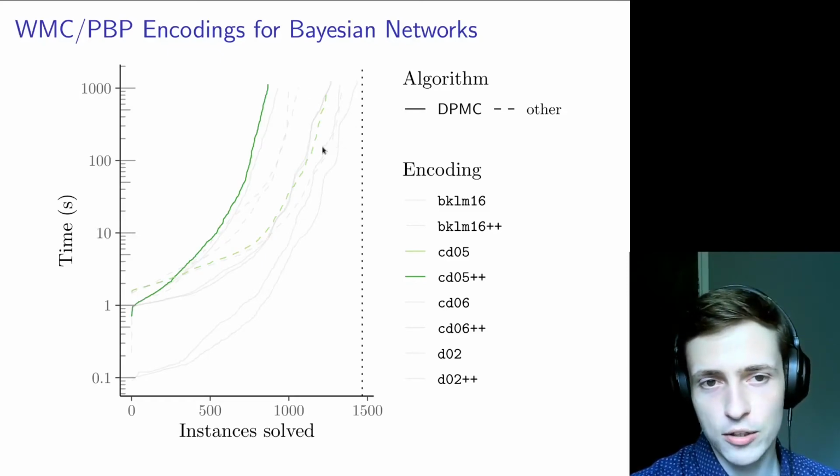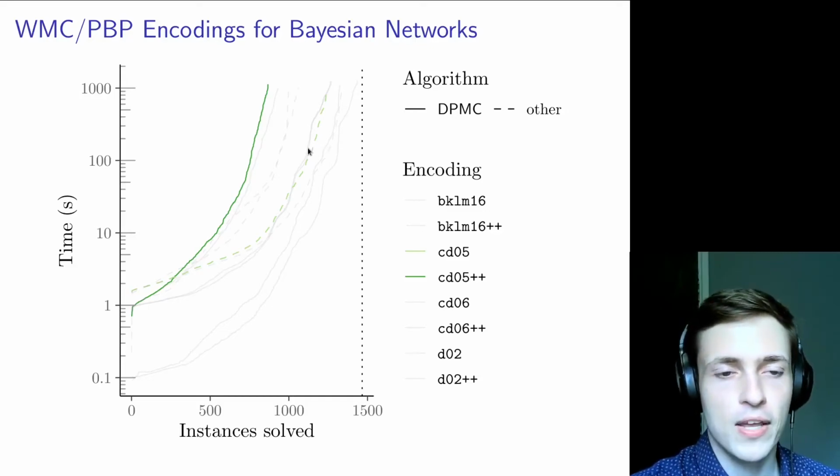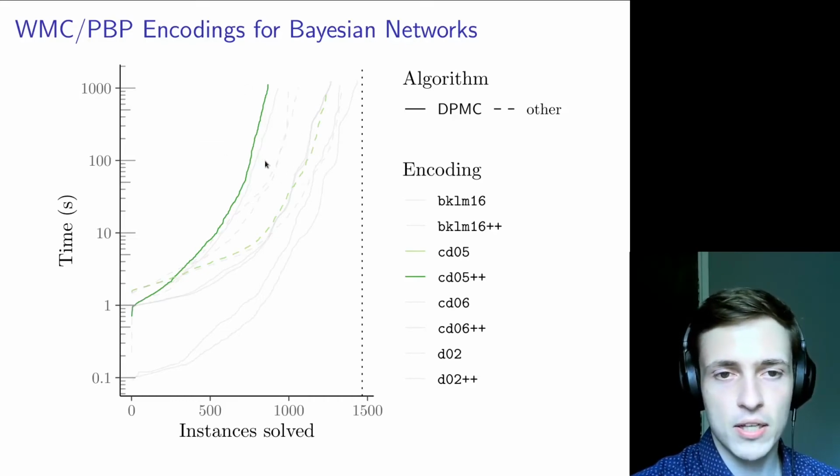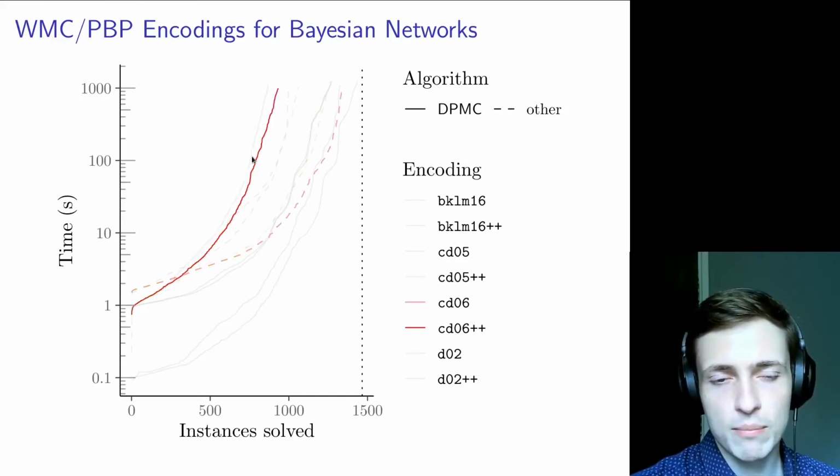Unfortunately, the original algorithm is still better, most likely because there are still some redundancies in the encoding that bother DPMC but not the original algorithm. And the same story applies to a slightly more recent version of the same encoding.